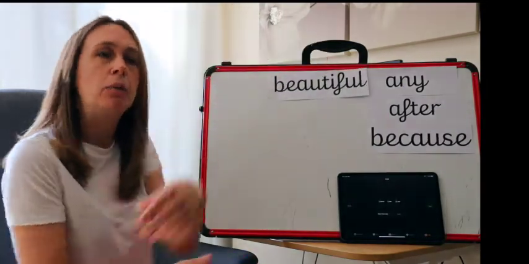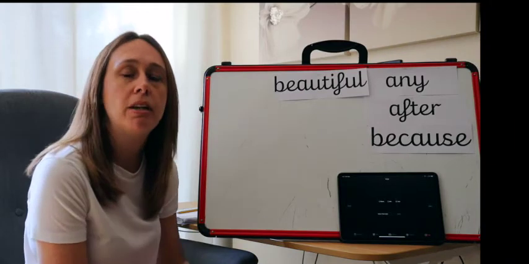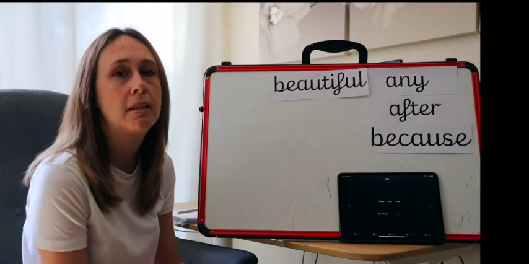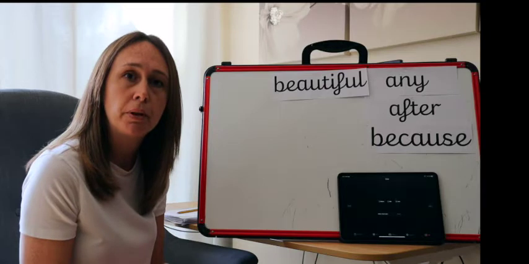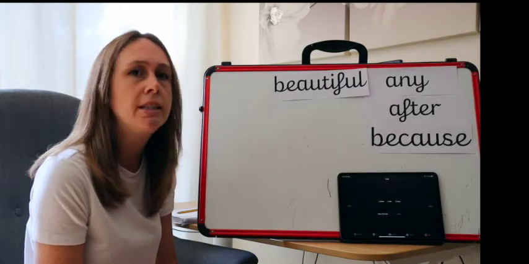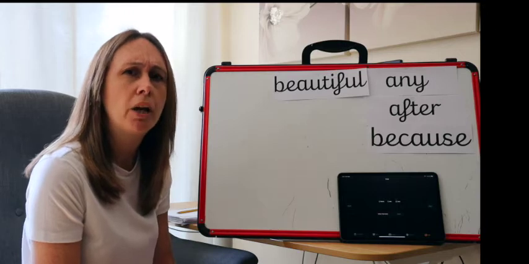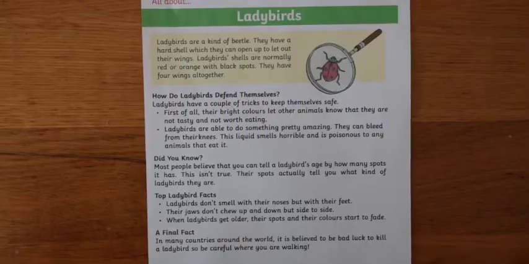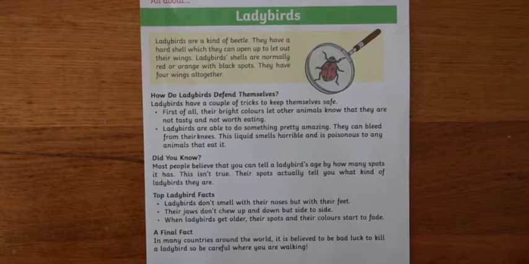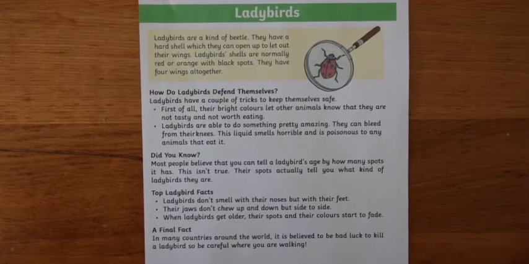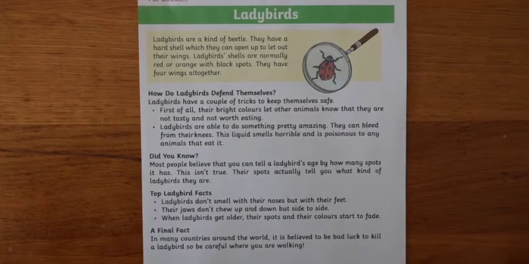Okay, so today we are going to use our research that we did in yesterday's lesson to create our information book. But before we can start writing our information book, we need to know what an information book includes. Let's have a look. This is a fact file that we looked at yesterday when we were doing our research. Let's have a look at how it's set out.